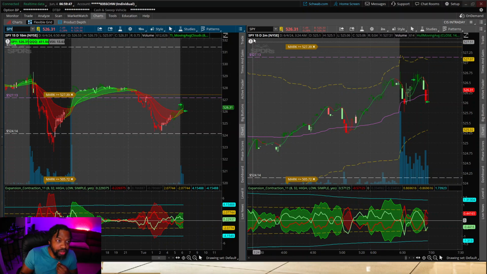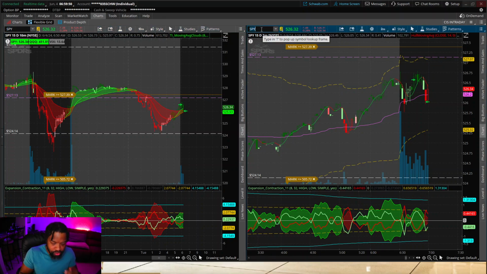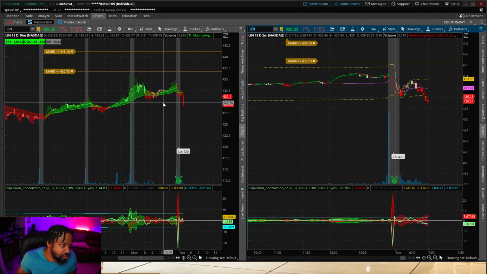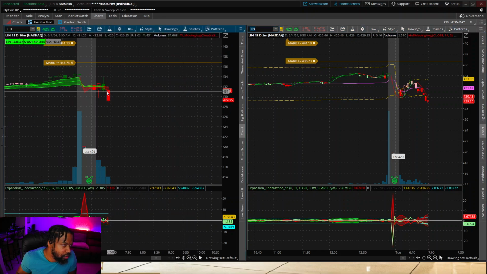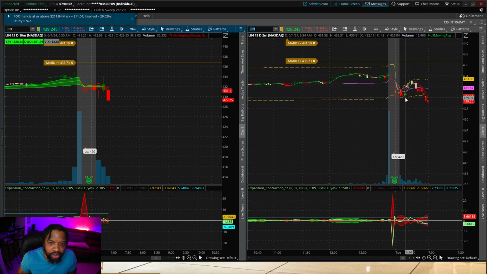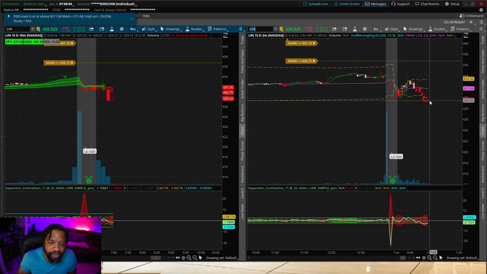Ooh, but what I do see that's kind of juicy is it looks like it wants to break out of this range, this tight squeeze range. It is already below the low. There's your retest.